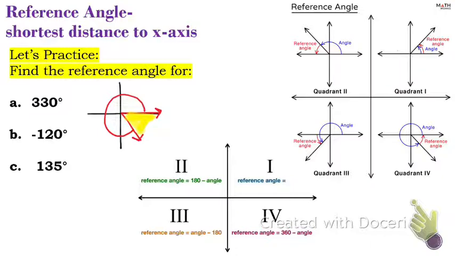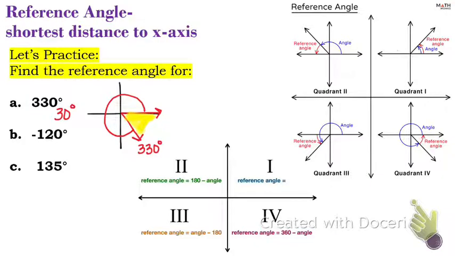So if the red represents 330 degrees, what do you think the measure of that yellow piece would be? 30. That is your reference angle. How do we get that? 360 minus 330. If you're in quadrant 4, it's 360 minus the angle. That is your reference angle. So 30 degrees is the answer to part A.